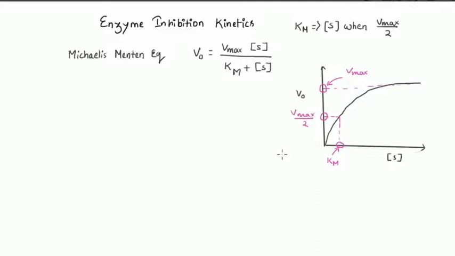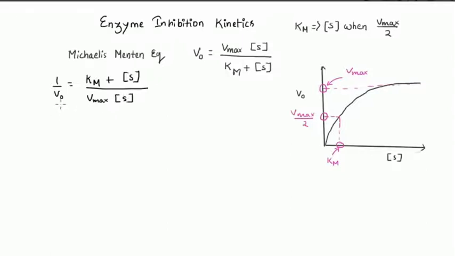Now this Michaelis Menten equation can be tweaked a little and made into a linear graph format. So how do we do that? We reciprocate the equation. 1 by V naught is equal to Km plus the substrate concentration, reversing the order, divided by Vmax into substrate concentration.